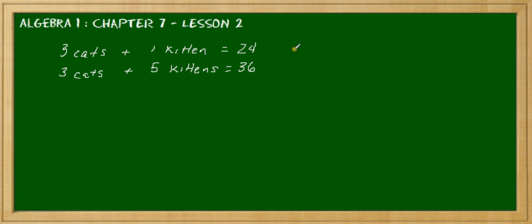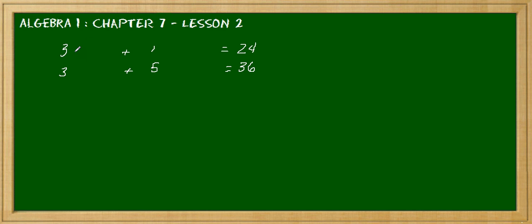We can use x and y, and we can change here. Let's just go ahead and erase. I want to move cats out of here and put the variable x. So that's all they really did. And I'm going to move kittens out and put the variable y. Okay, so that's how we created this equation.